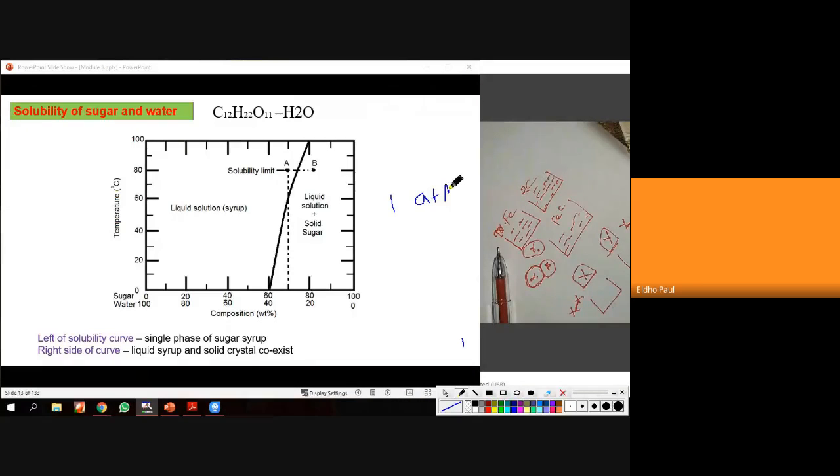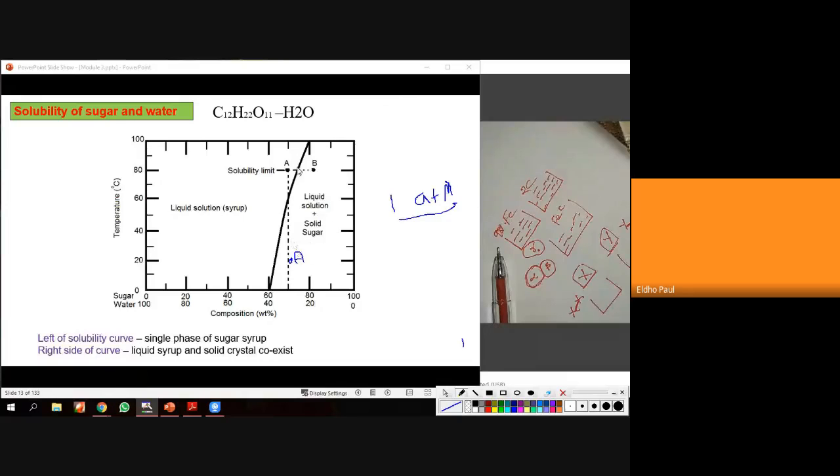We draw this phase diagram at 1 atm pressure, maintaining this one parameter constant, and we draw the combination of temperature and composition, and what equilibrium phases are present with the different combinations of temperature and composition. At a particular combination of temperature and composition at point A, we can say the liquid and the sugar particles are in equilibrium.